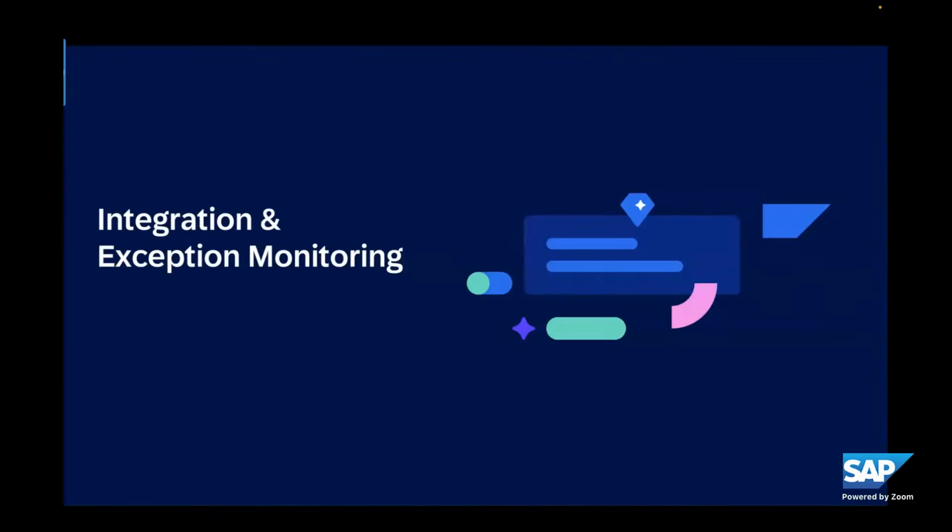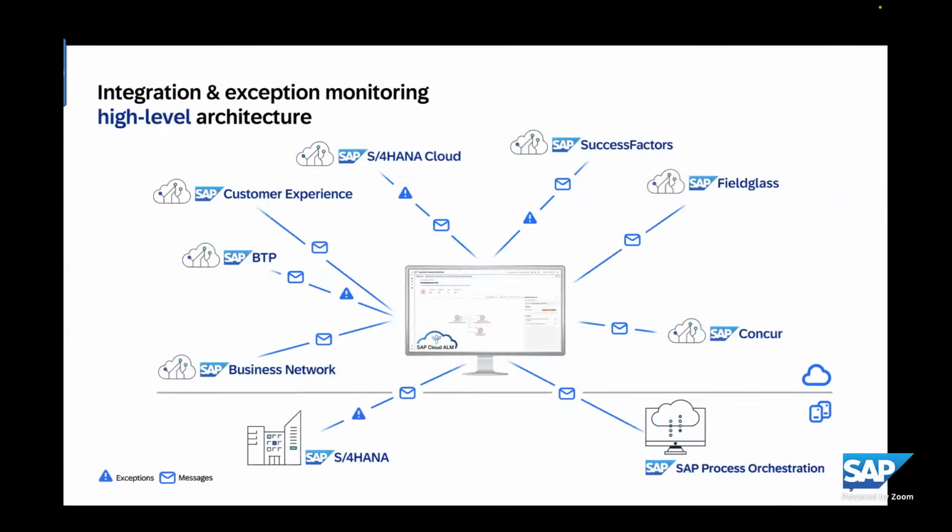Let's come to integration and exception monitoring. What is integration and exception monitoring about? We try to fetch simply message artifacts from all SAP applications around SAP Cloud ALM. That means in the end, we connect, for example, SAP SuccessFactors or SAP S/4HANA Cloud towards SAP Cloud ALM.